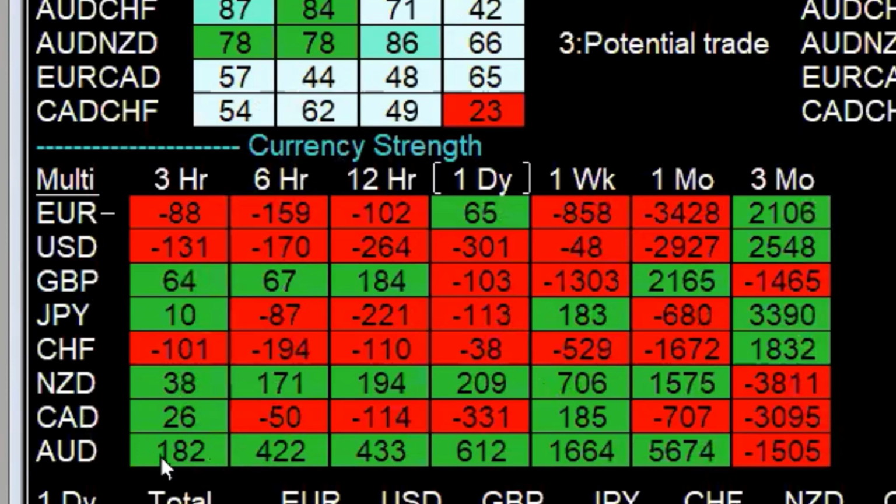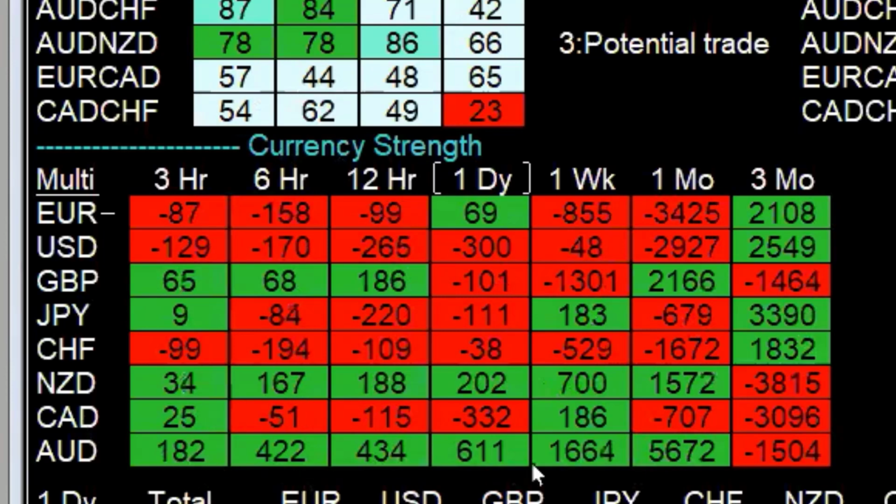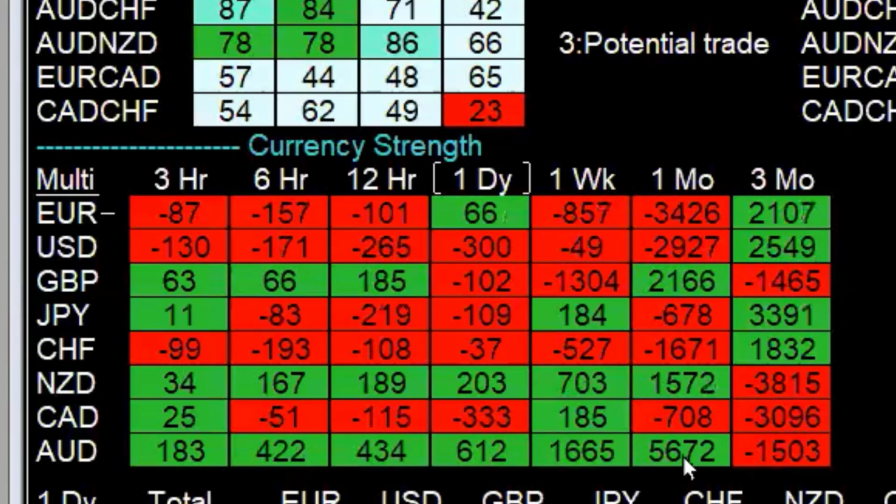It's the strongest in the last 3 hours, the last 6 hours, the last 12 hours, the last day, week, and month. Amazing. It's just made an amazing recovery. I think it's gone through really bad times with the fires and things like that. And obviously, that is all history now, and the currency is recovering quite nicely.